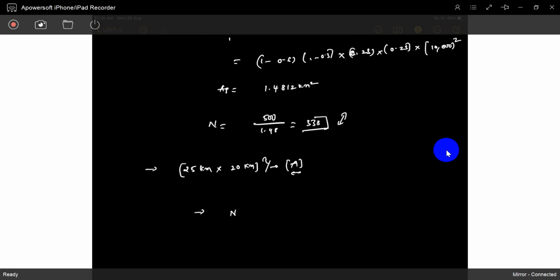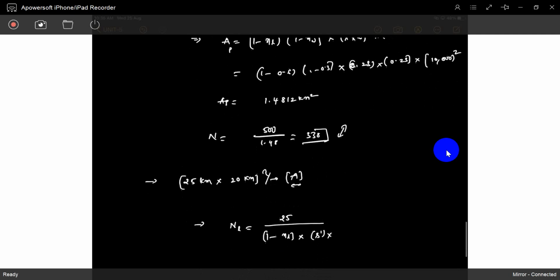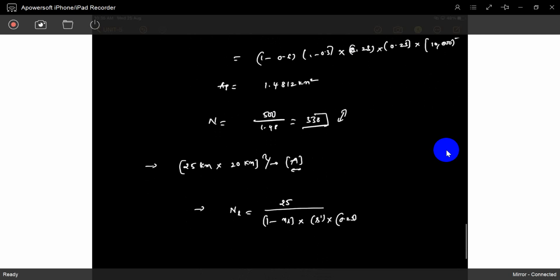So number of photographs required lengthwise: what is the length? It is 25 kilometers. How much length is covered effectively by one photograph? Lengthwise, it is scale opposite to the scale, and the length of the photograph is 0.23, plus 1.